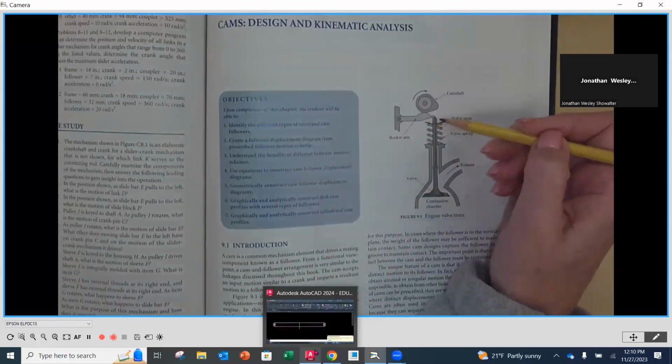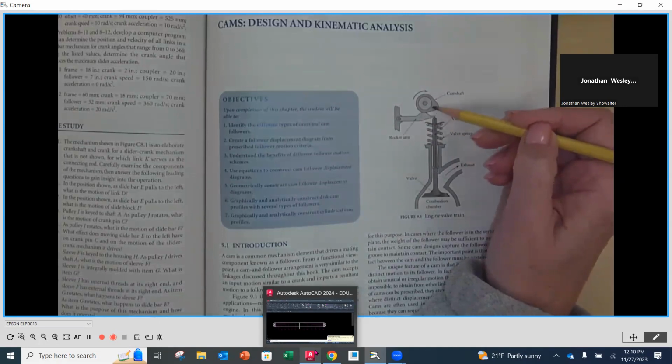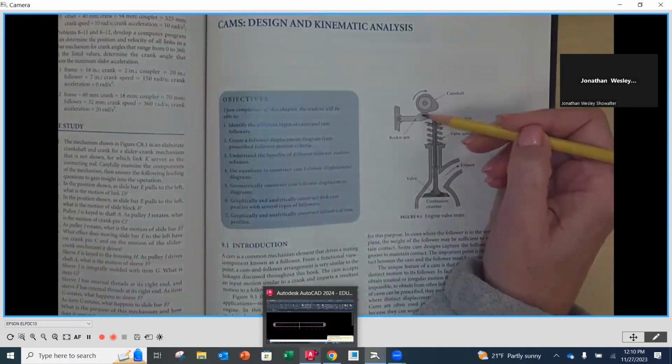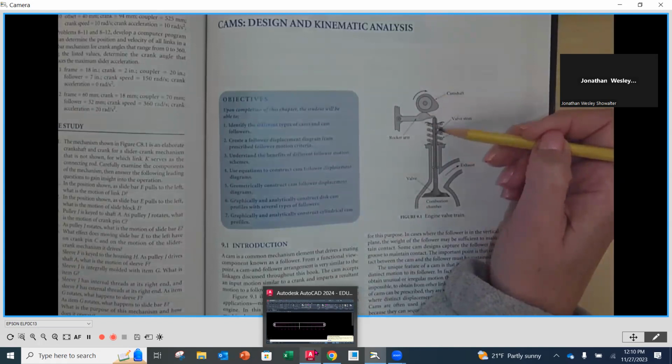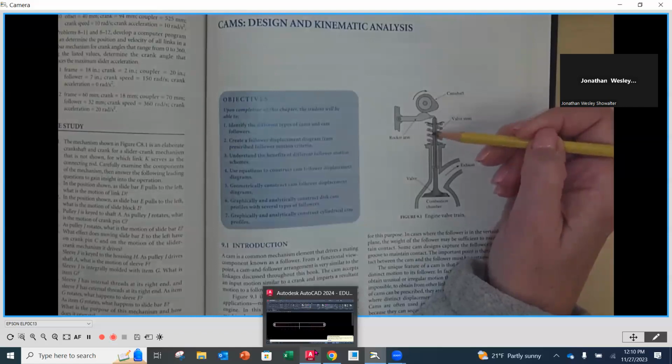That rocker arm in turn is going to push down on the valve stem. Then as it continues to go past, the rocker arm, with the help of the spring, is going to stay in contact with the profile of that cam, and it's going to go back up into the position that we see here. Then as this rotates around again, it's going to come back down and go up.